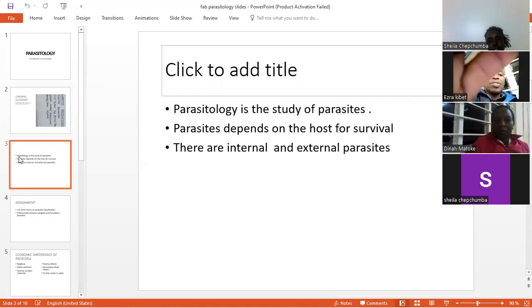When I say survival, I mean to get shelter, food, and also to be moved around. That is movement purposes.